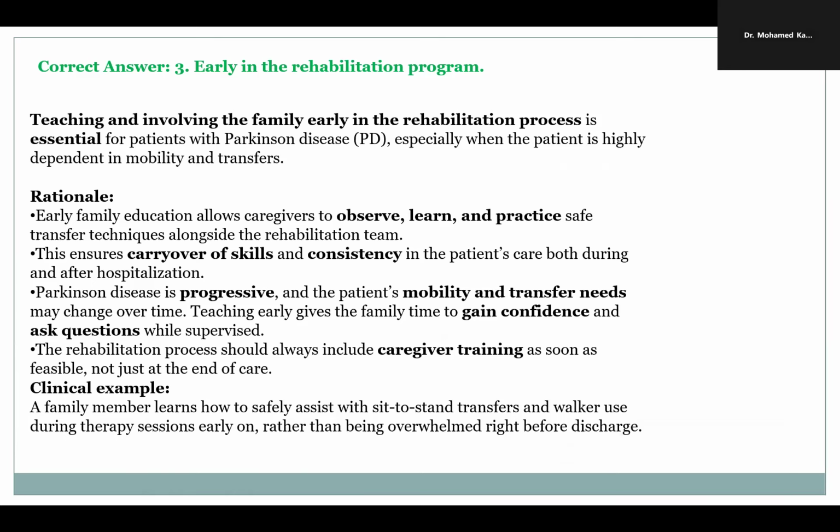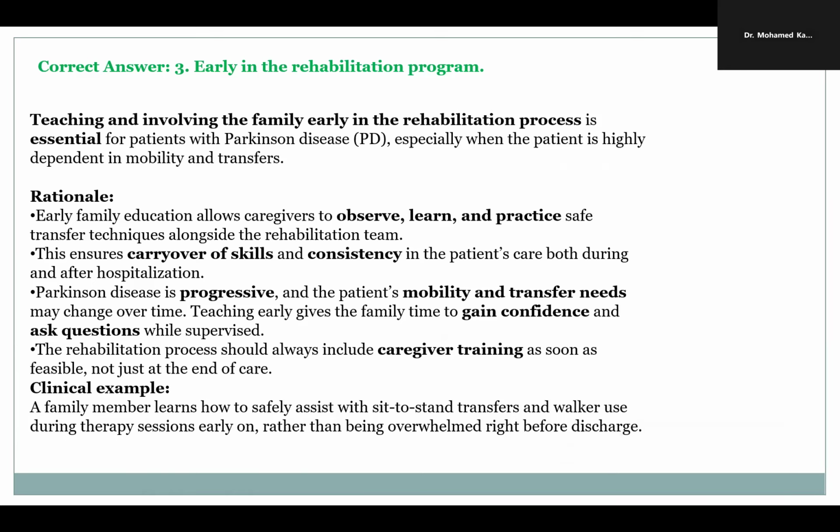And we need to teach early on the family and caregivers, so they will have the confidence in carrying over these activities. Not only that, they can also ask questions while supervised, and you can give answers, you can give training, so you make sure that they are safe and they can handle the patient later on.